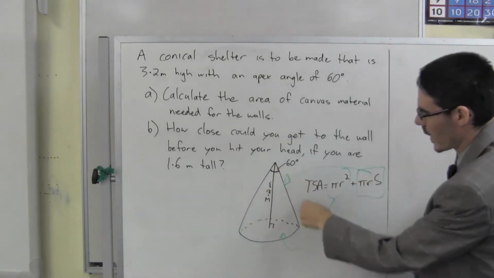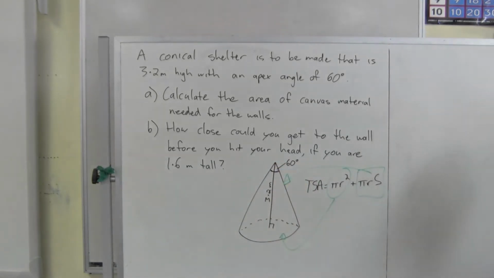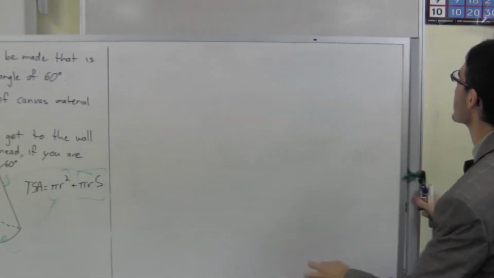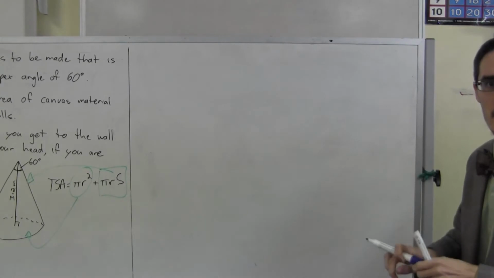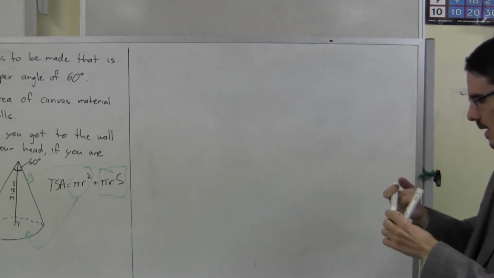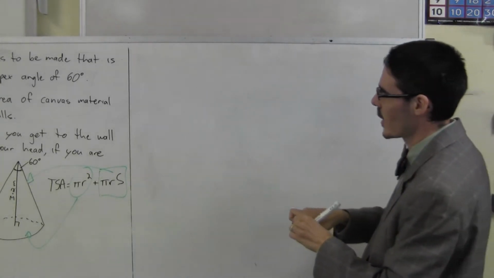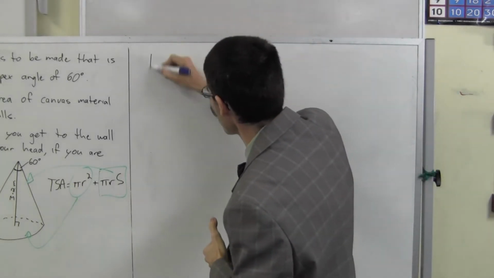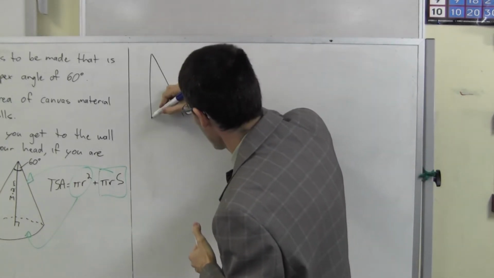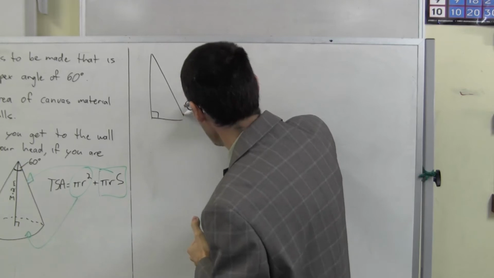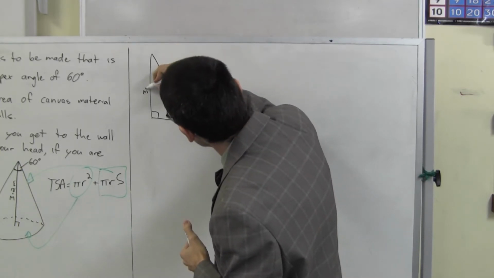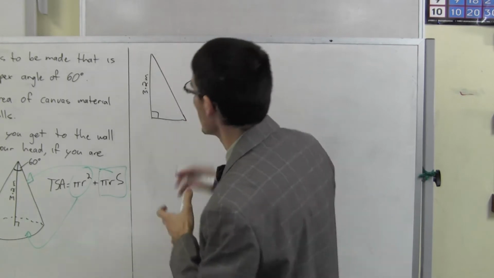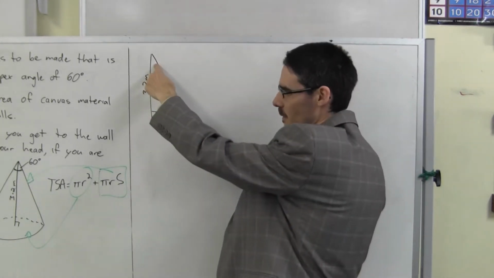Look at this side of that cone. Can you still see it? Yes. So if I just draw that triangle for the side there, right angle. Oh, hang on, this is 3.2 metres. What's this angle up here?